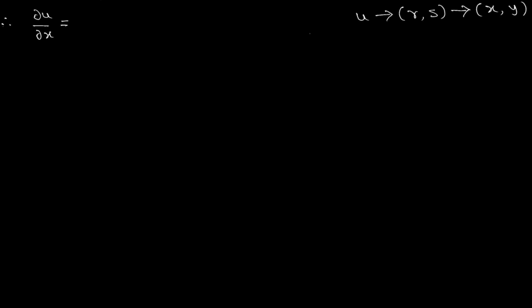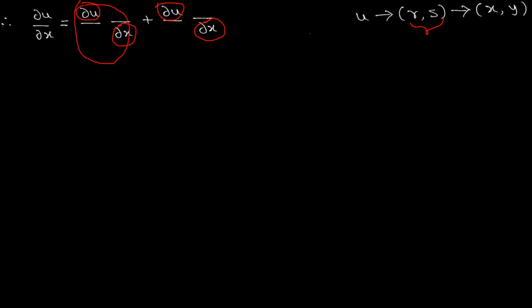Dou u by dou x can be written as, first let us write dou u here, dou x here, dou u, dou x, here again dou u and dou x. Since we have two variables in between, we have written such a structure two times. If we have three variables here, we will repeat one more time.